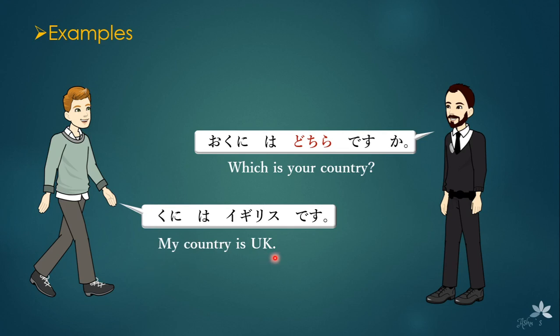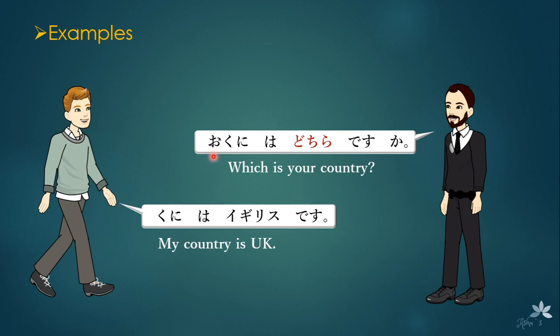My country is UK. Now friends, please observe the words here, Okuni. This person here refers to his country as Okuni. O is called the honorific letter. We add it to the nouns.